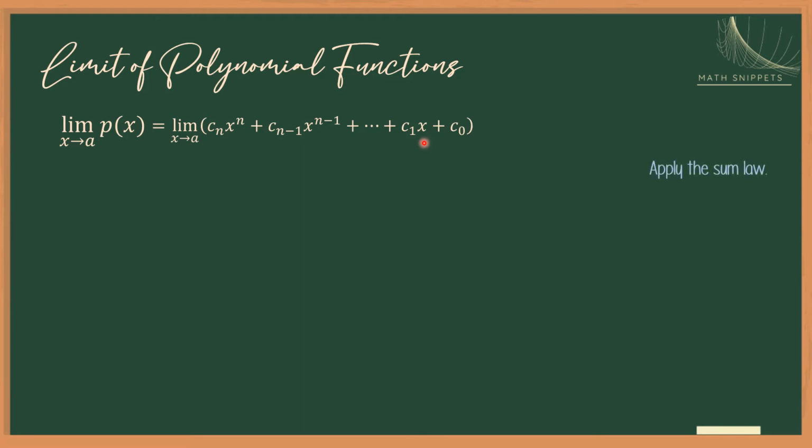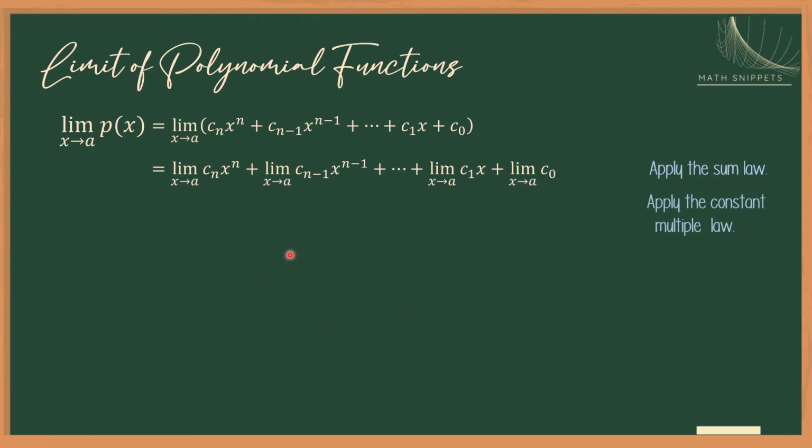After that, we can apply the sum law. That is, we can distribute the limit to every term in the polynomial. After distributing the limit, we can now apply the constant multiple law.